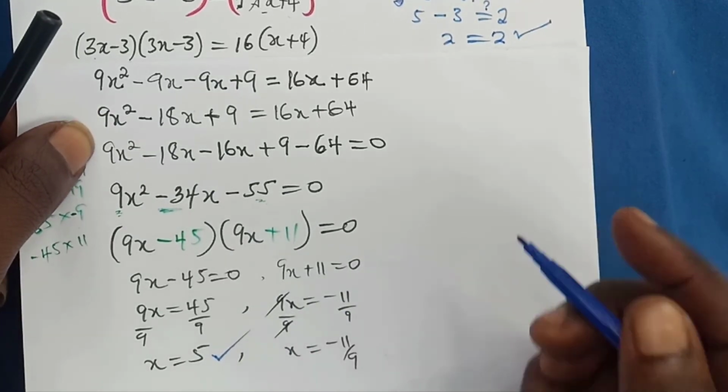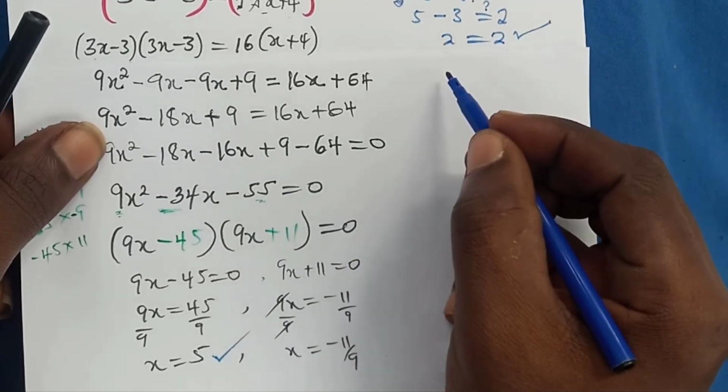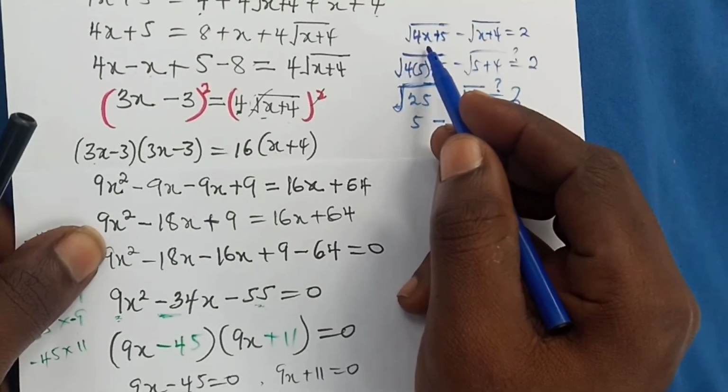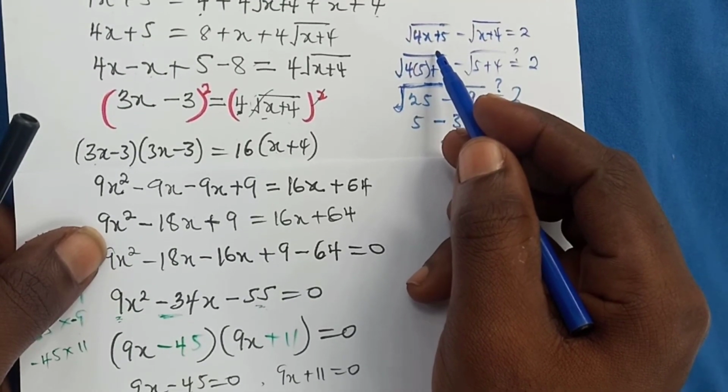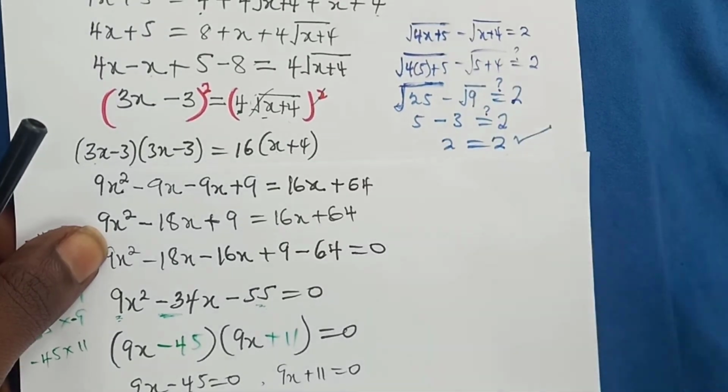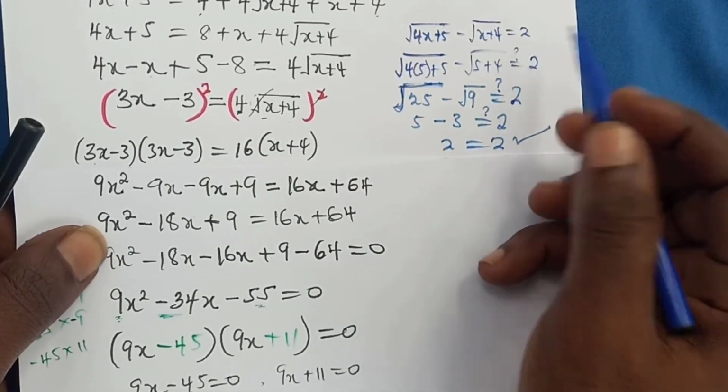Let's check for the other value of x. Wherever we find x, we are going to put negative 11 over 9 there and simplify and see whether that's going to give us 2.